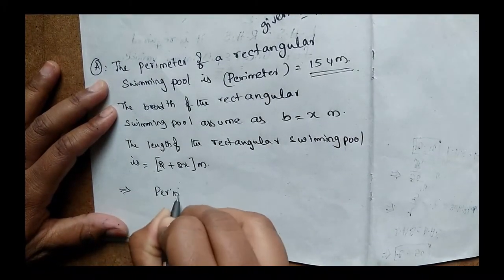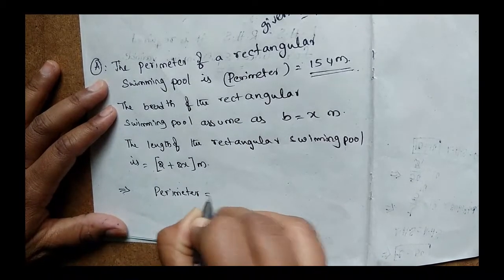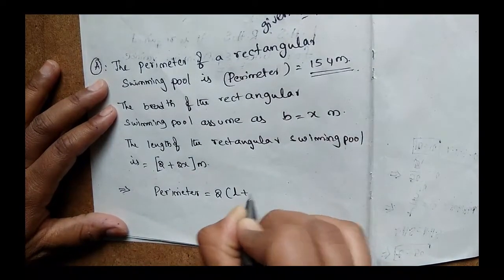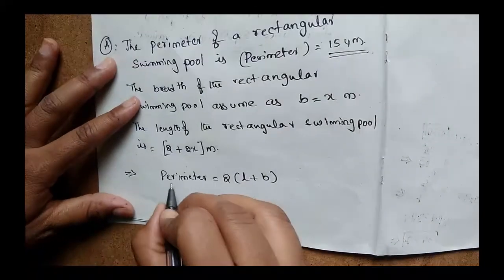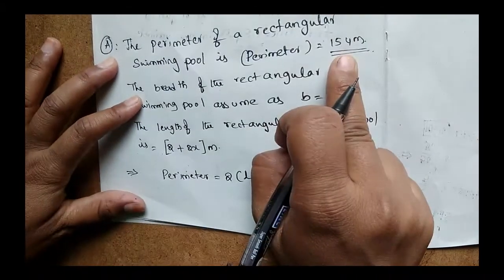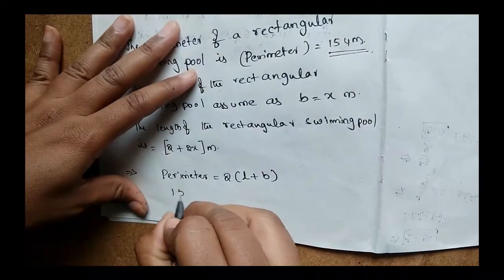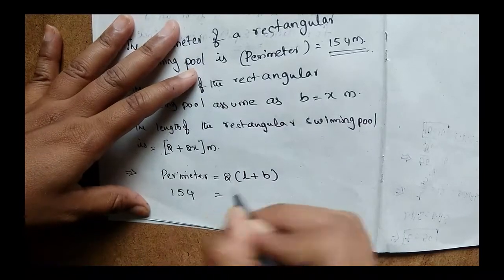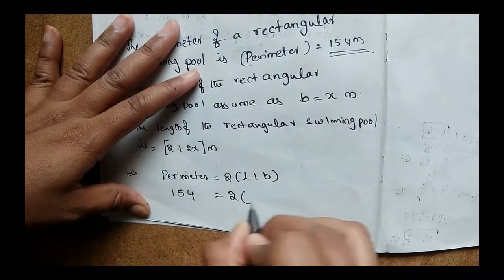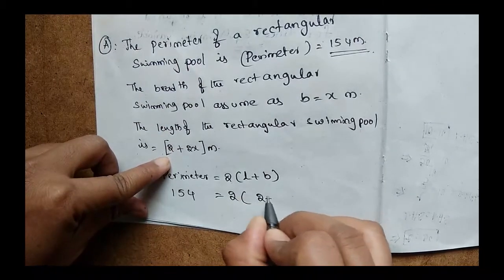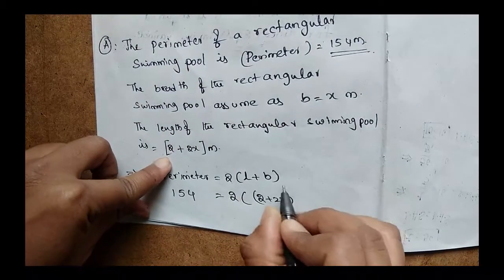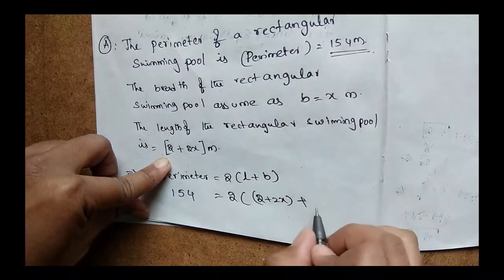So perimeter equal to 2 into length plus B. Here we have the perimeter 154 equal to 2 into L, which is 2 plus 2x, and the breadth is x.